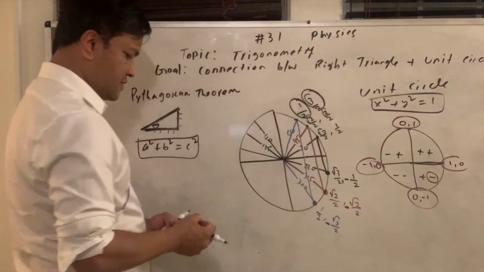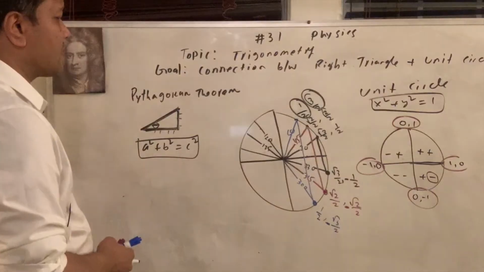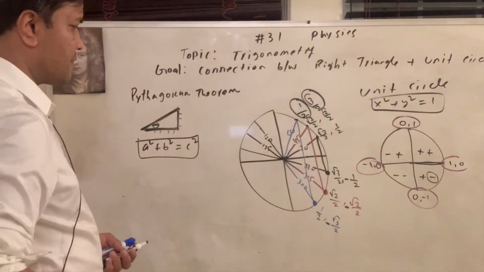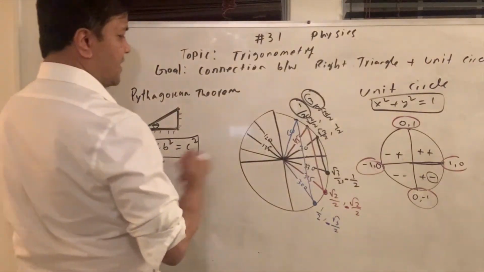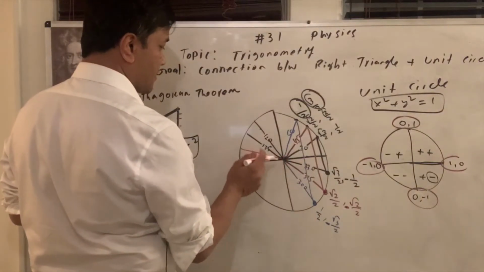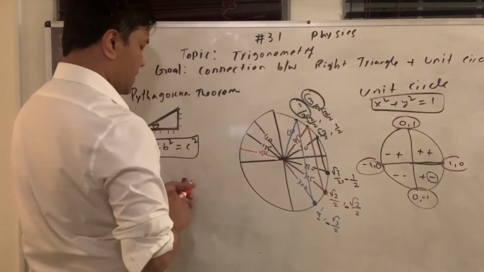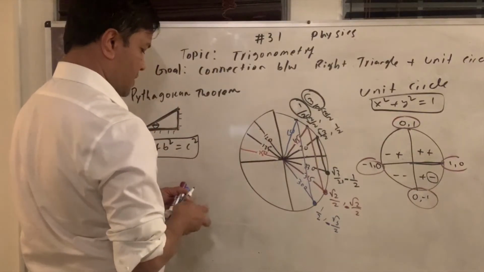I wanted to use a different color, for the same reason. So 135, let's make it red. And this is 150. And then let's make it blue, the 120.